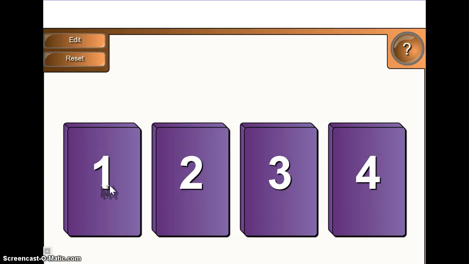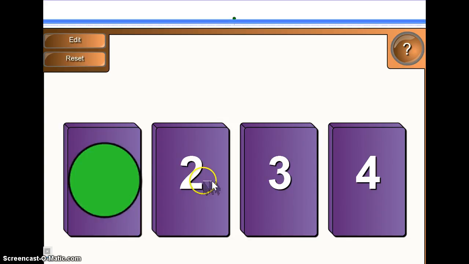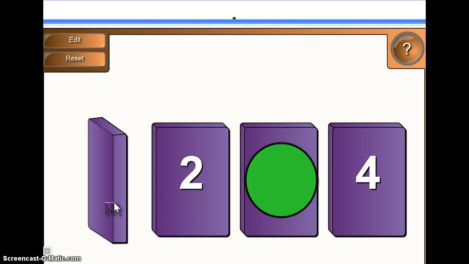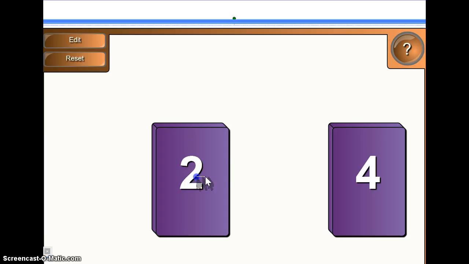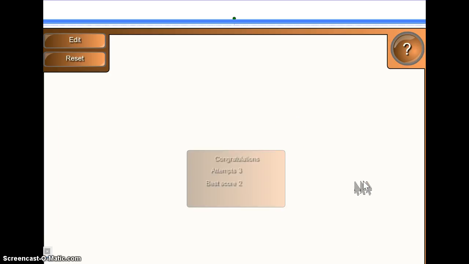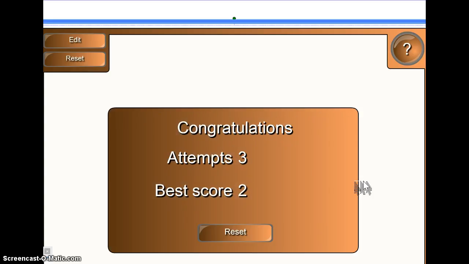This game consists of matching the same shapes of different sizes. Then it gives you the attempts and the score you got right.